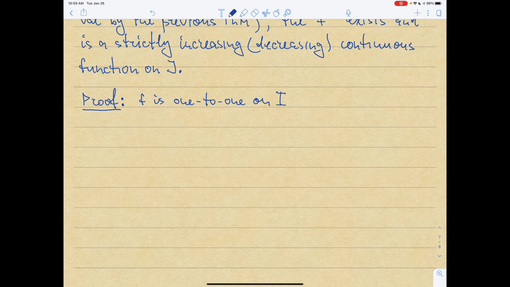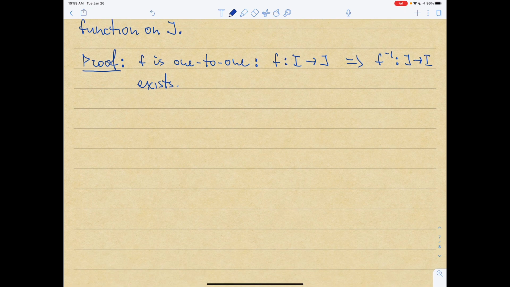In fact, let's write it this way. F goes from I to J, so therefore f inverse from J to I exists, right?